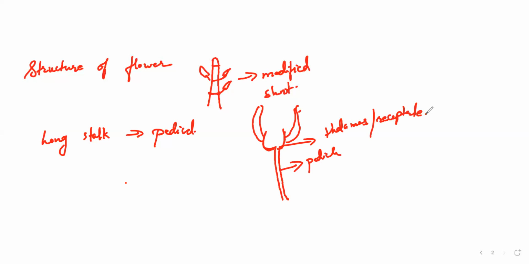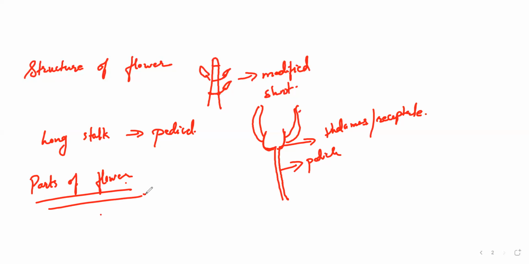Okay, then coming towards the next parts of the flower. So what are the different parts in a flower? So typically there are two types, angiosperms and gymnosperms. Gymnosperms are non-flowering plants, so they won't come under this category.